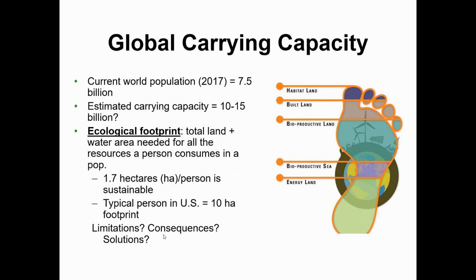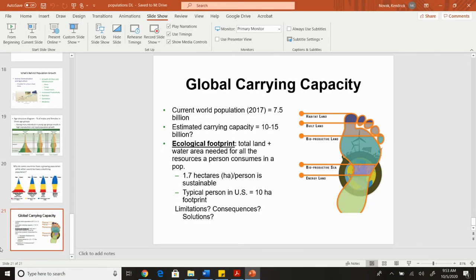How are we impacting the world? Are we there? Are we close? Can we triple our population? We're at 7.5 whatever billion people right now. Can we go higher? Should we go higher? That's one thing we're going to discuss throughout the next week or two. So that wraps up human populations.